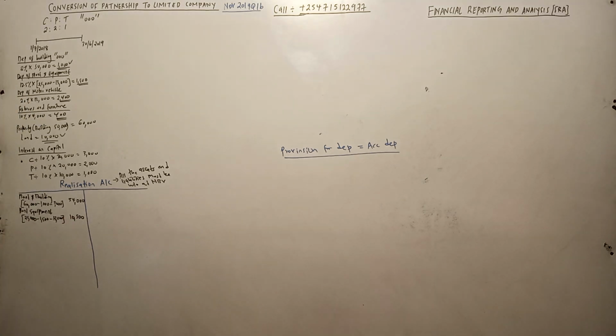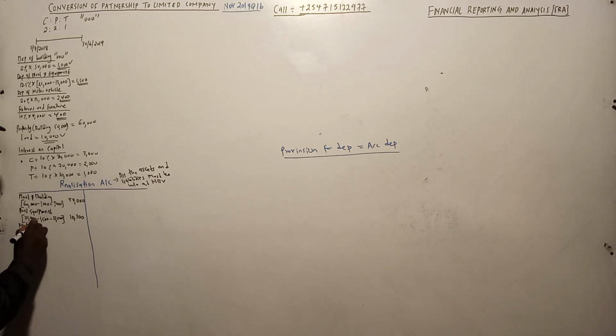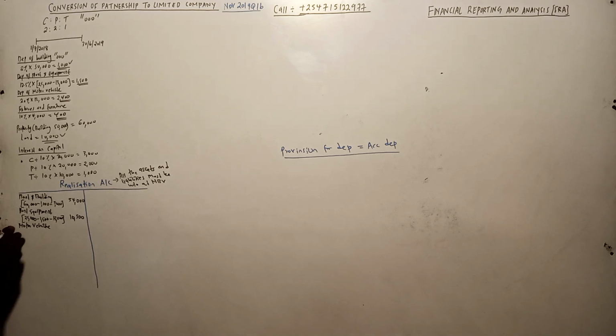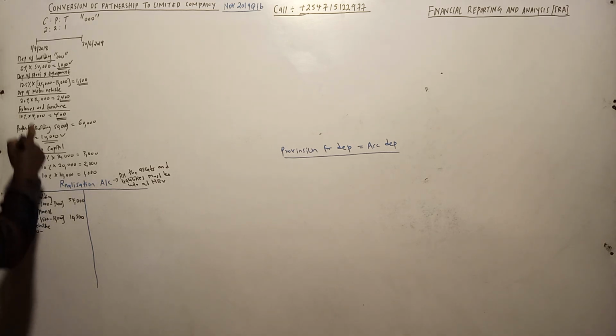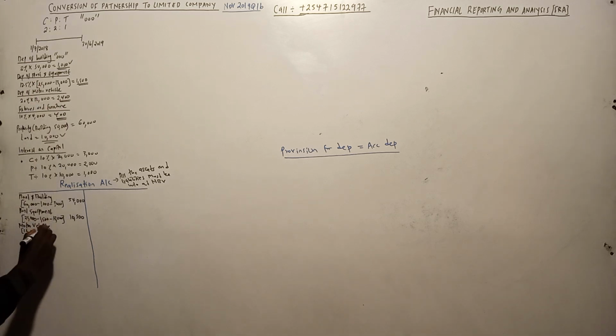Then after plant, we have the motor vehicle. Now, for the motor vehicle, the cost was 12,000. We less the depreciation of the motor vehicle, which is 2,400.